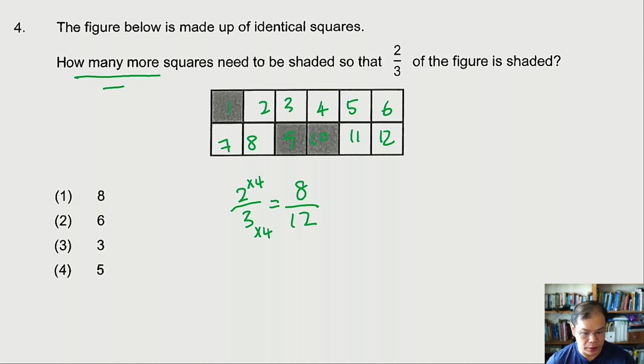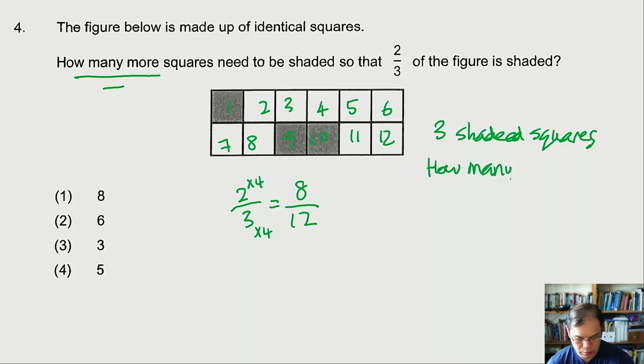So there are already 3 shaded squares. So how many more squares? I want 8 squares to be shaded. I've already shaded 3, so I need another 5 more squares. So answer is 4.